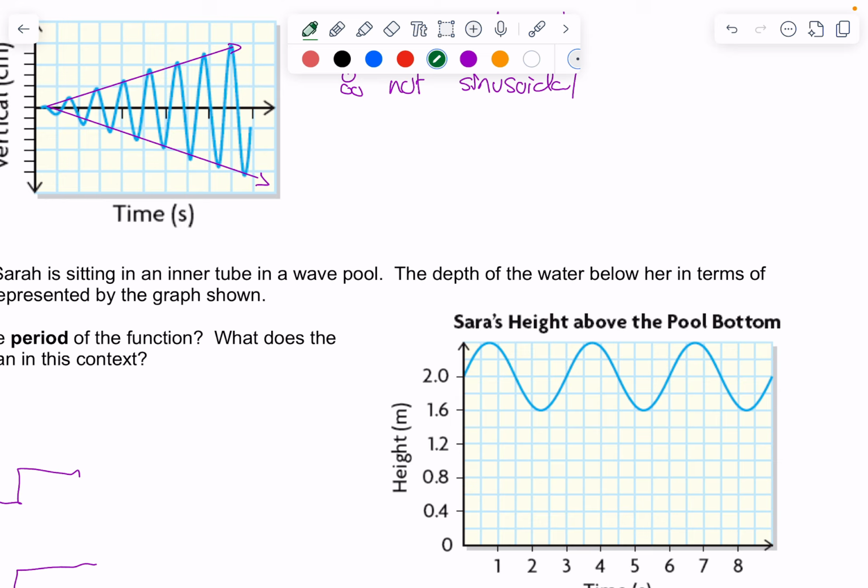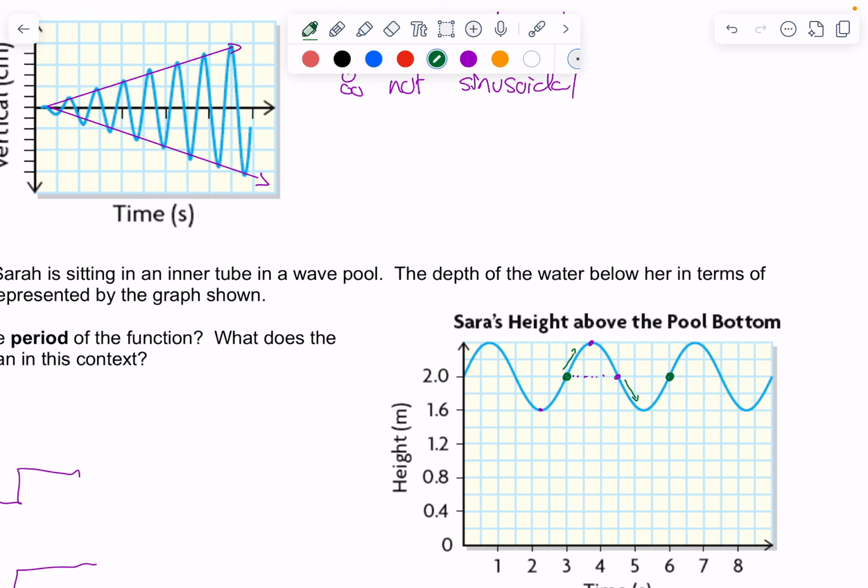So I'm going to start right here, okay? What I am looking for is halfway between my max and my min. So you might be thinking, okay, well, that's right here. But no, because right there you're starting to go downwards, right? But at the start of my period here, I'm going up. So I need to find another point, which would be right here, right?